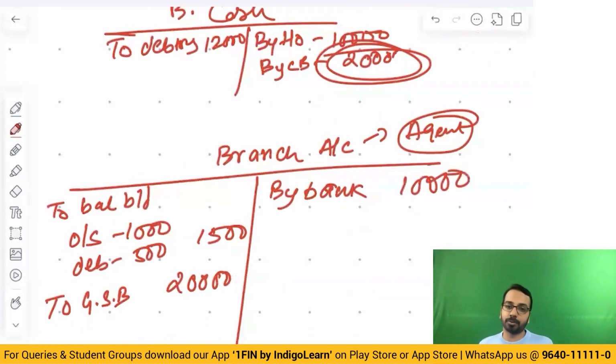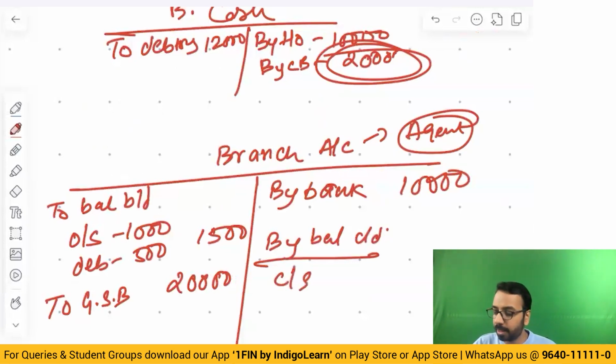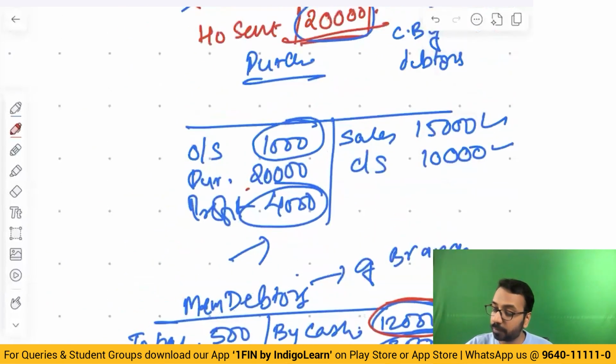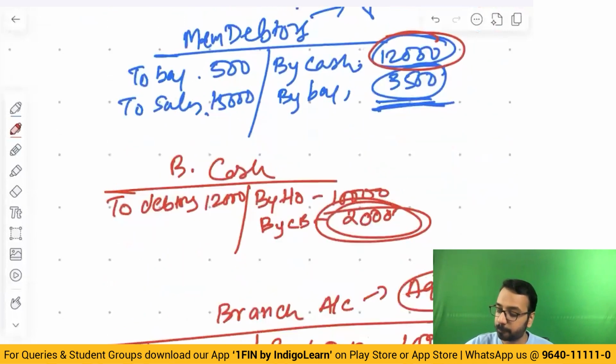This is all the transaction. I'm not adding more layers of transaction. If you see the balance carried down at the branch level, what does the branch have to give me? Closing stock, debtors at the branch, and cash at the branch. What is the closing stock? Closing stock, we said, is 10,000.